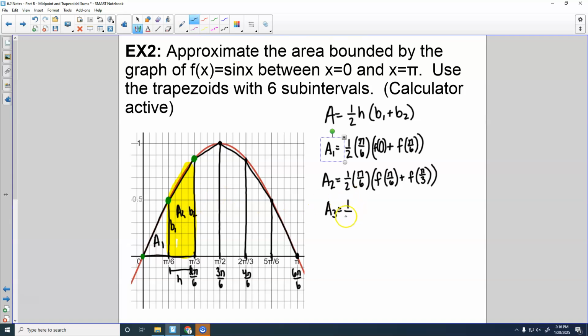A3 would still have 1/2. We'd have pi over 6. And then for A3, we would have the left side right here would be f of pi over 3. And then the right side would be f of pi over 2.